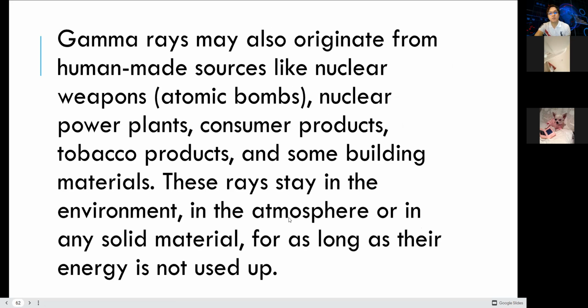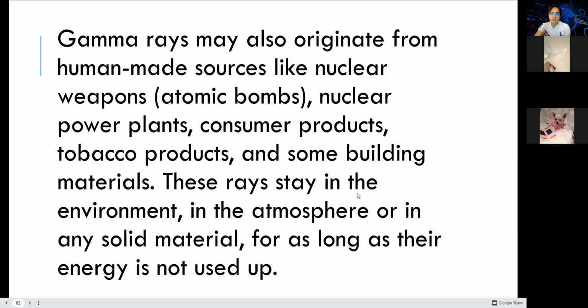Gamma rays may also originate from human-made sources like nuclear weapons, your atomic bomb, okay, nuclear power plants. Before we had the Bataan power plant, okay, but it is actually closed. It is the project of President Marcos before. Okay, consumer products, tobacco products, and some building materials.